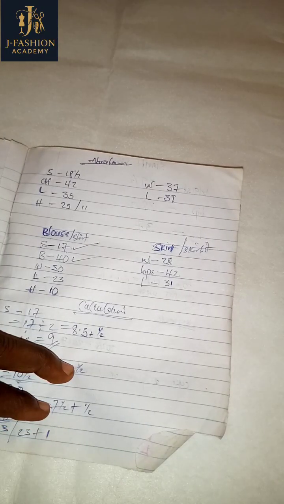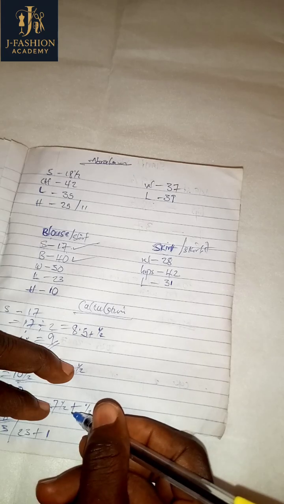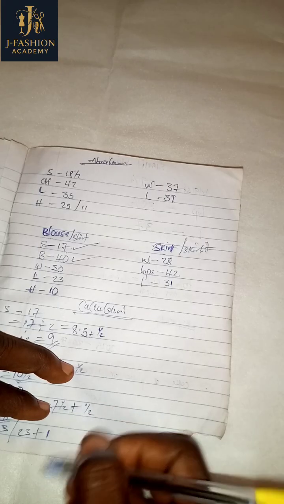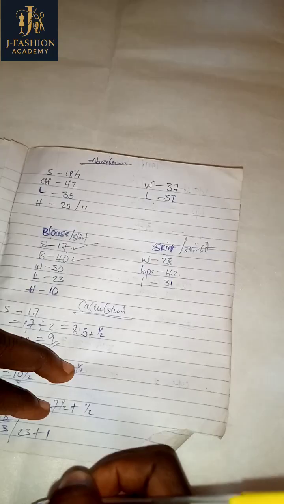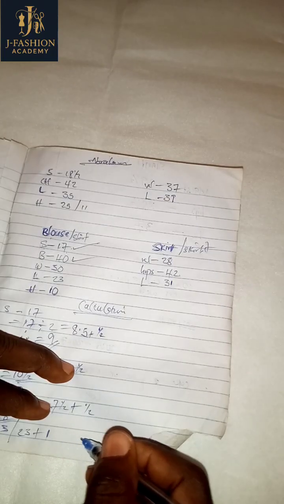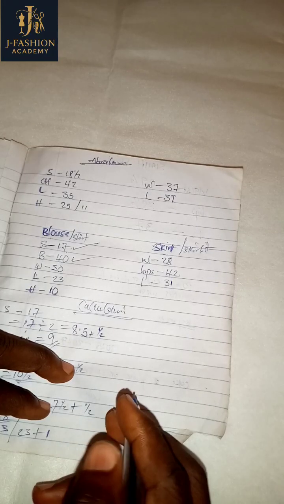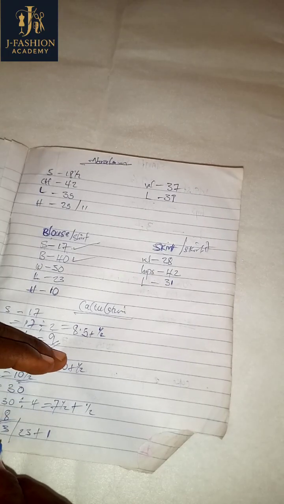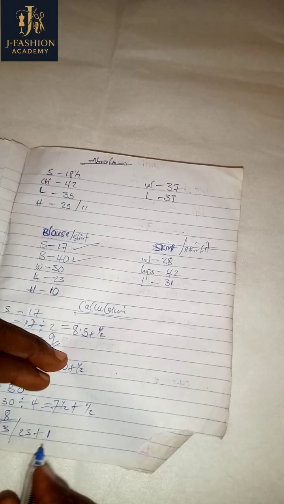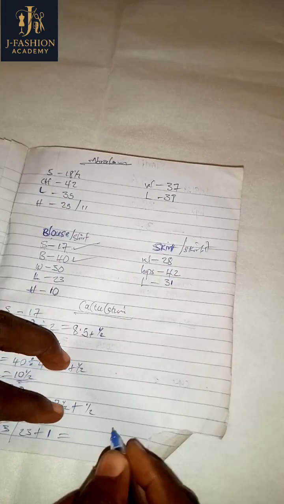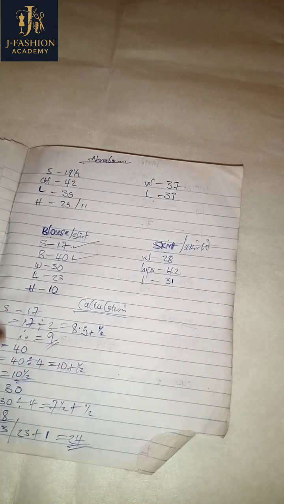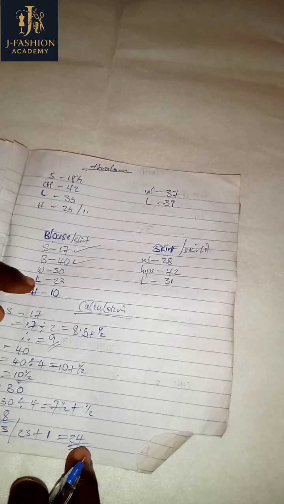While I'm using 1 inch, half inch will go at the shoulder, that's the neck side, and half inch will go at the down side, that's the end of the shirt. So half plus half gives you 1 inch. So 23 plus 1 inch equals 24. So your length measurement is 24.